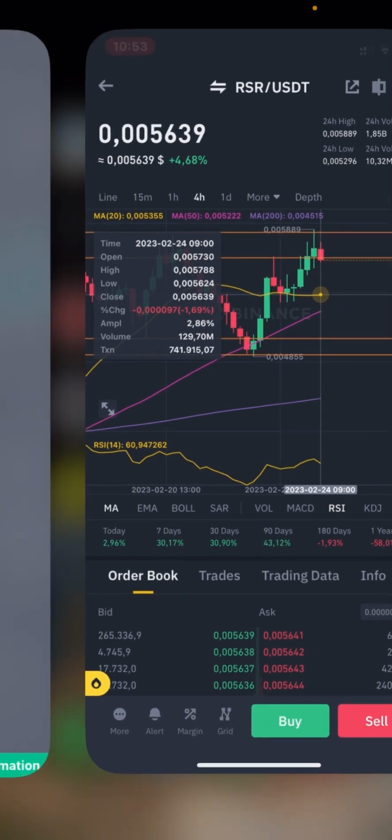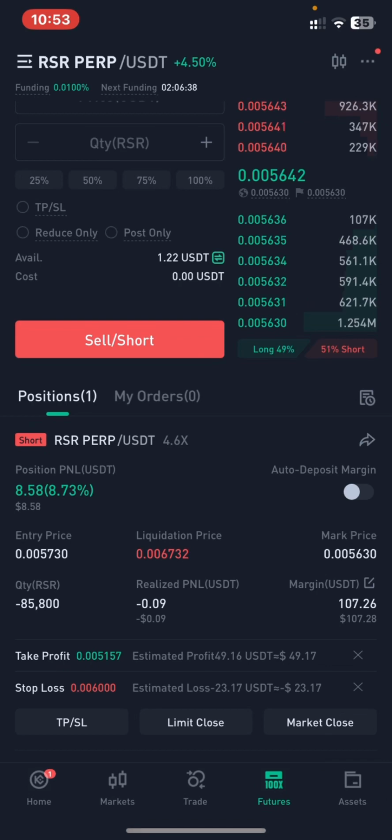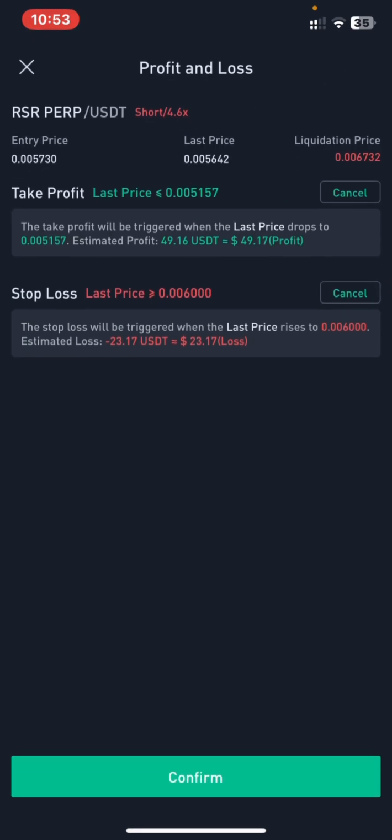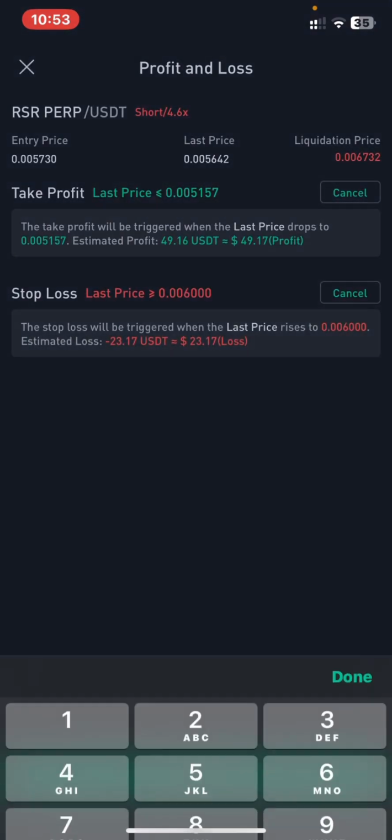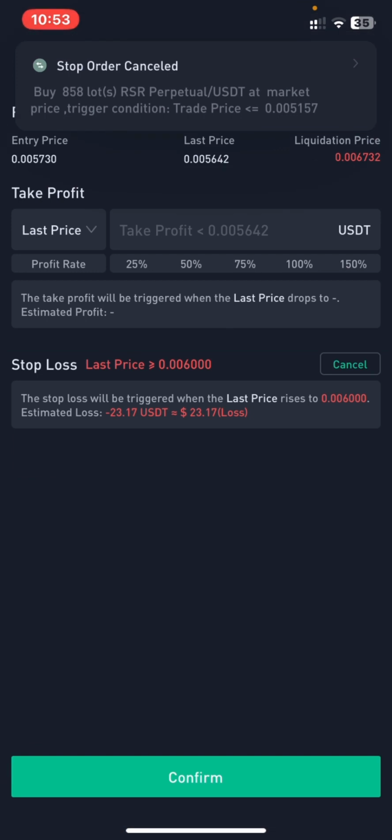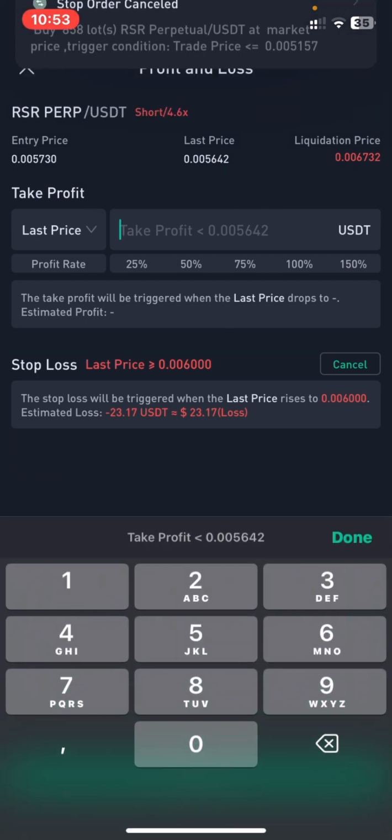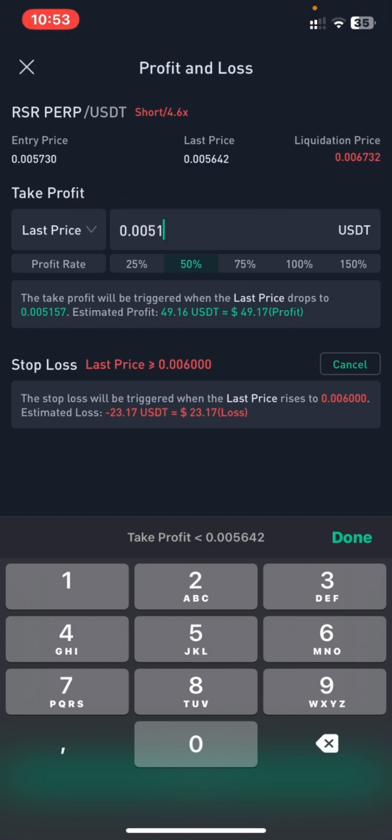Let me see. Again, I'm going to use this button. I'm going to cancel this button, confirm. Then I'm going to input this. Then press 36.